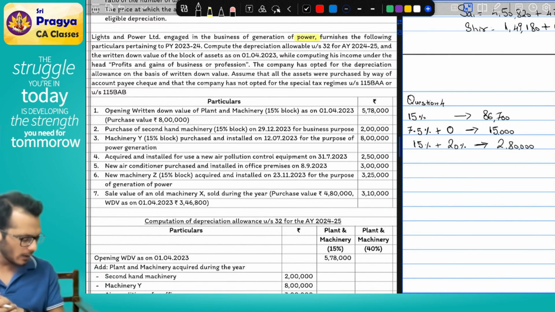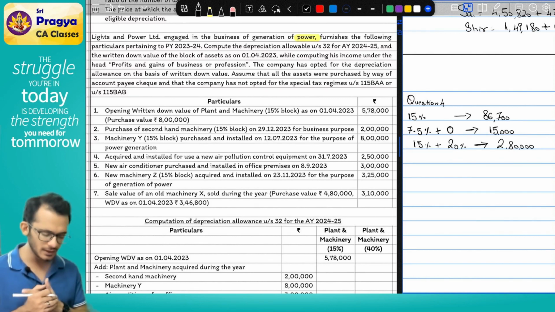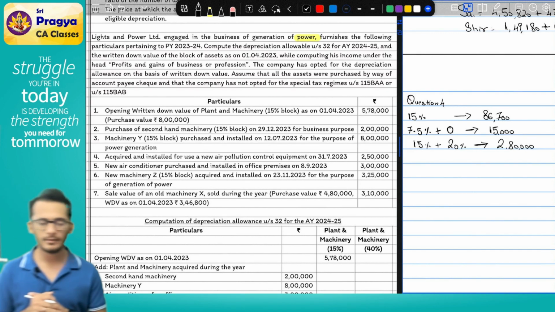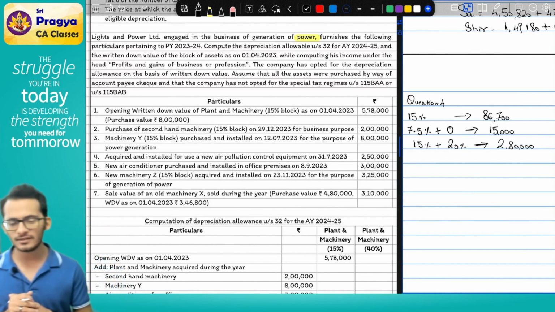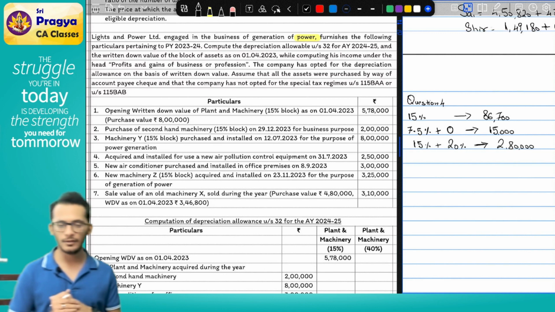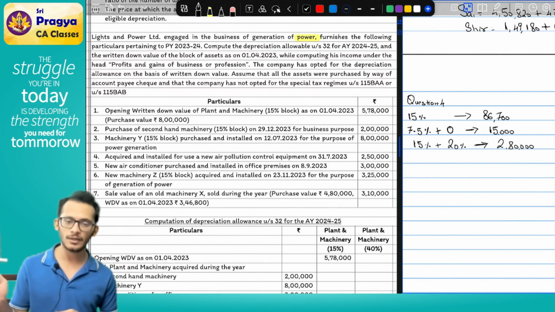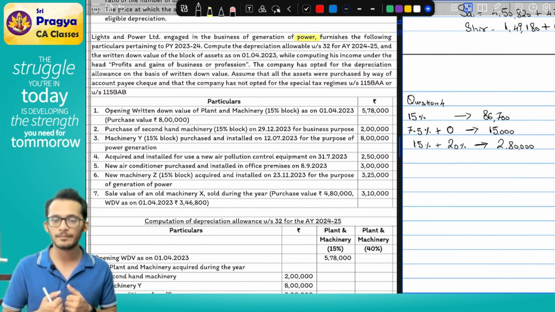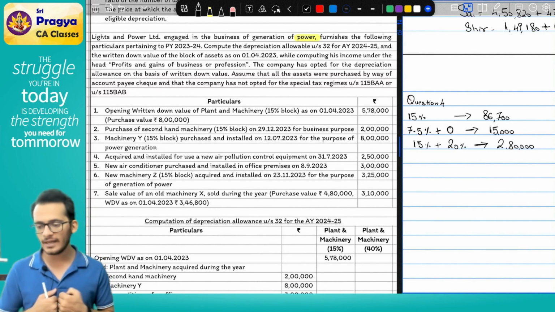Then acquired and installed for use a new pollution control equipment on 31st July 2023. Like I told you yesterday, I will not give you all the assets. Use your head. It is pollution control equipment. You are trying to help the society, which means the government will like to give you more depreciation.